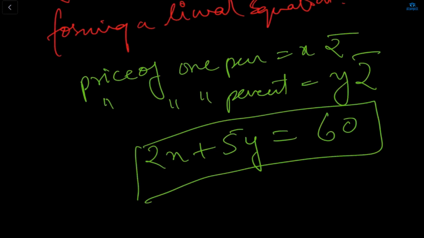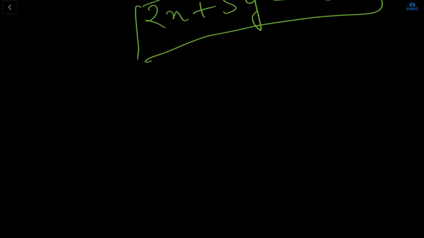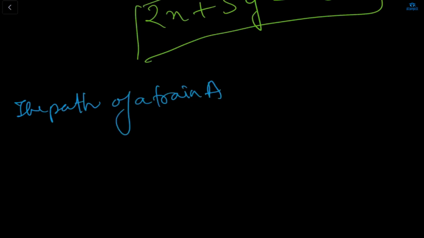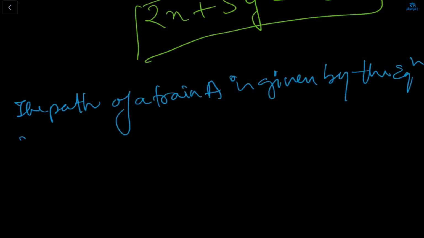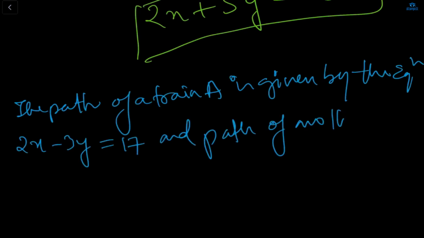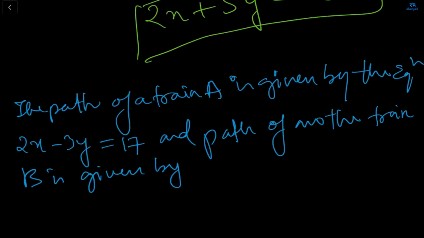This one is a little complicated, but yeah. The path of a train A is given by the equation 2x minus 3y is equal to 17, and the path of another train B is given by the linear equation 4x plus 6y is equal to 18.